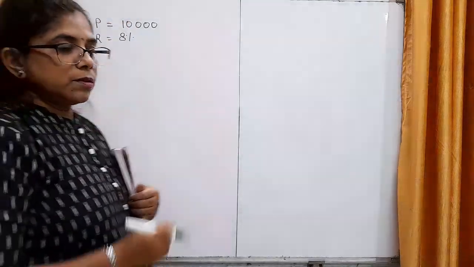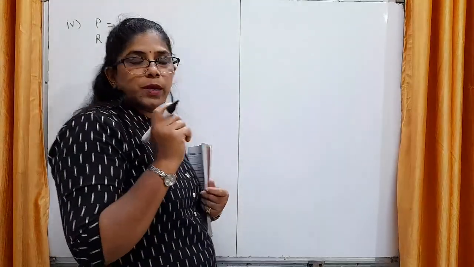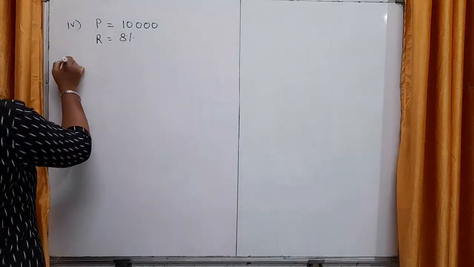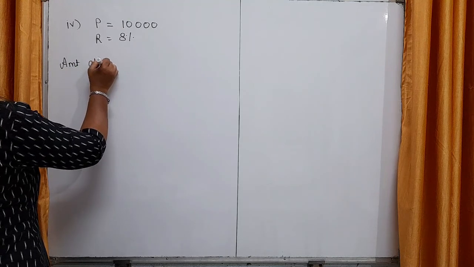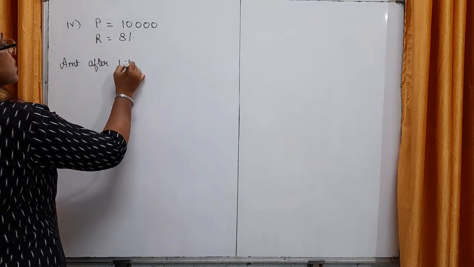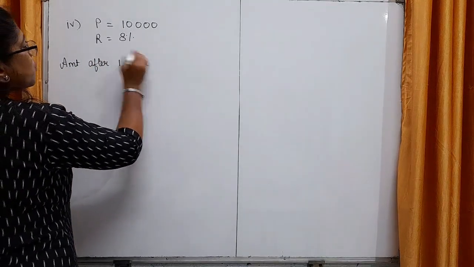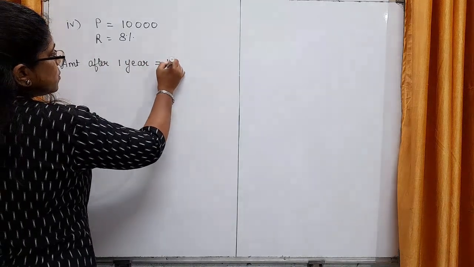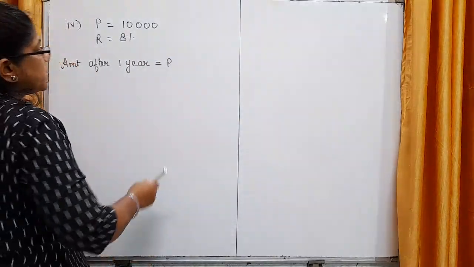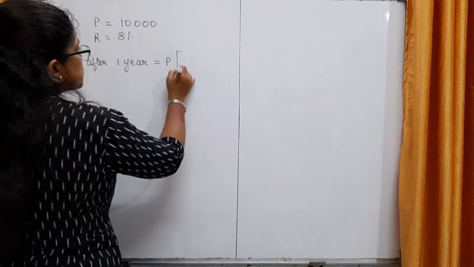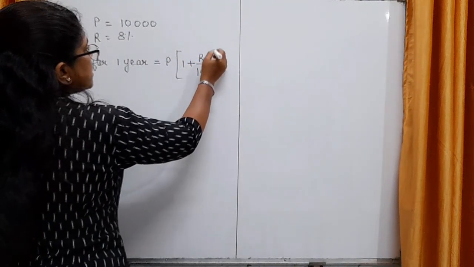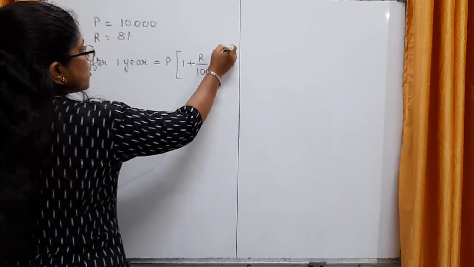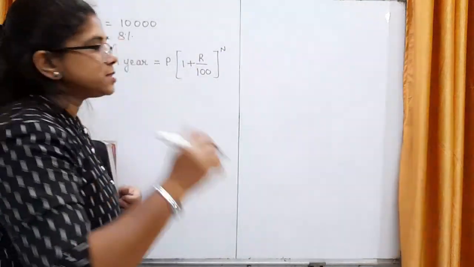Now we have one formula to find amount. Okay, now amount after 1 year. We know the formula to find the compound interest: P into 1 plus R upon 100 to the power of n. N is number of years. Now here n is 1.